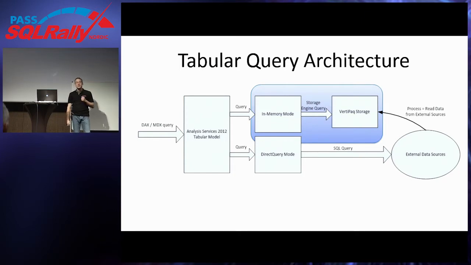You probably know that a tabular engine can run in DirectQuery mode or in memory with the Vertipaq engine. DirectQuery is slow. It doesn't work as we might expect. I cannot say all the words, we are recorded, but I'm not going to speak about DirectQuery. I'm just going to speak about in-memory mode and the Vertipaq storage. And I hope you have some understanding.